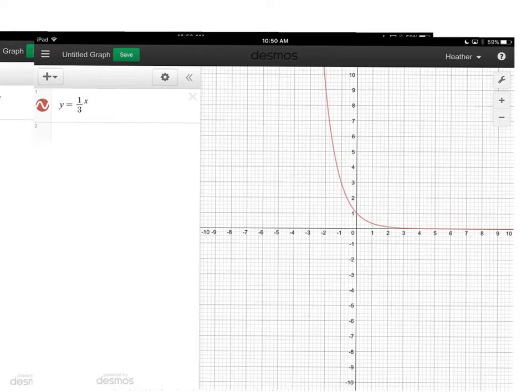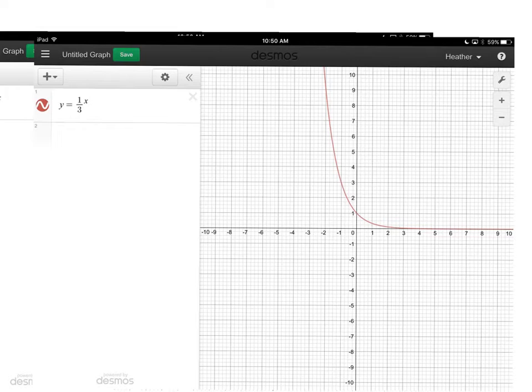If we start changing it, then we start looking at transformations, and some of those things can change, right? Like you can imagine, what if I took this graph, y equals 1/3 to the power of x, and then I said +1? What would happen to it? It would go up 1, right? So the asymptote would change, because it's also going to move up 1. The y-intercept would change.